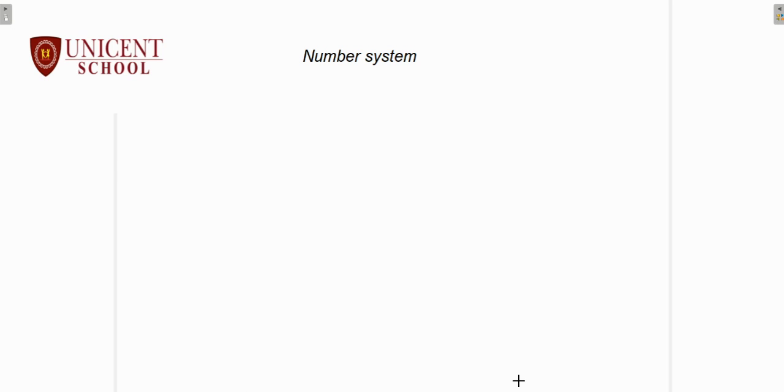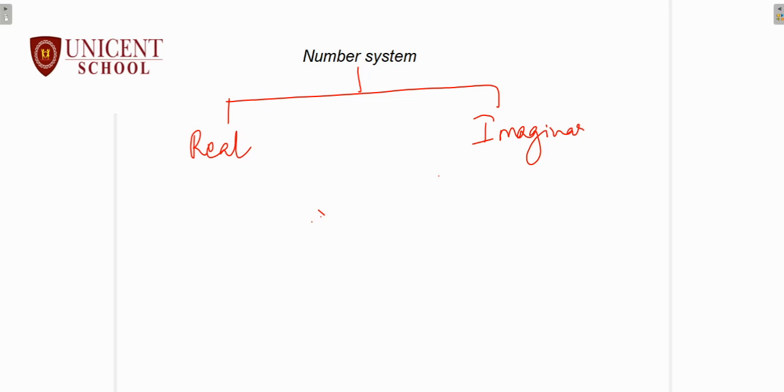So first, let us start with the number system, which is broadly divided into two. One is real numbers and the other is imaginary numbers.